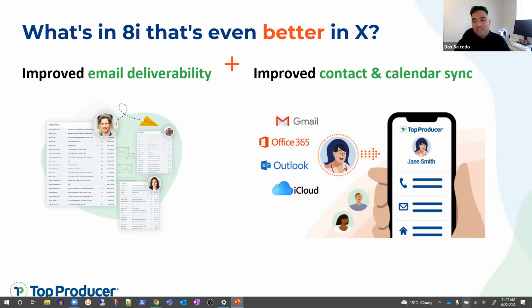Yep, exactly. And the other thing that we've improved from 8i to Top Producer X is our contact and calendar sync. With 8i, before you could only sync it with your Gmail account and your Outlook account. With Top Producer X, you can now sync it with your iCloud account, for example, or your entire Microsoft account.